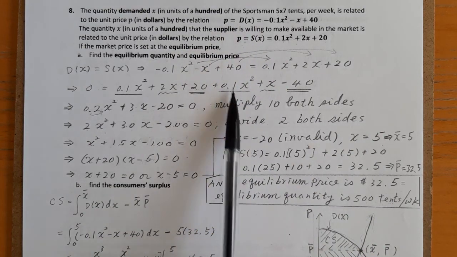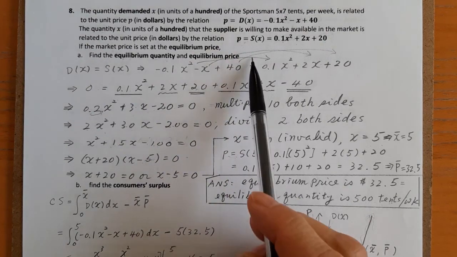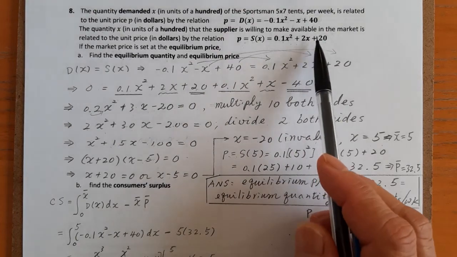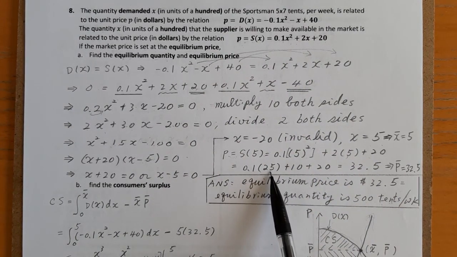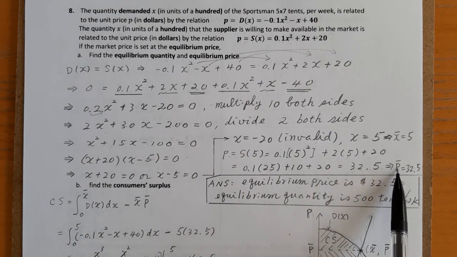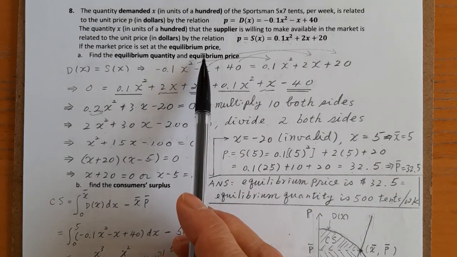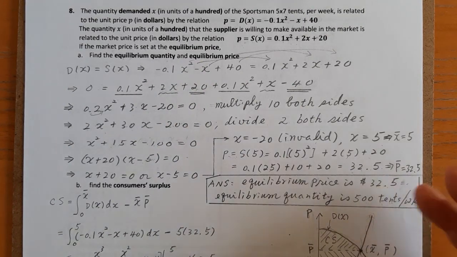They are equal, so the price will be equal. So P equals S of 5 equals 0.1 times 5 squared plus 2 times 5 plus 20, which gives 32.5. That is the p bar. The equilibrium price is $32.50.